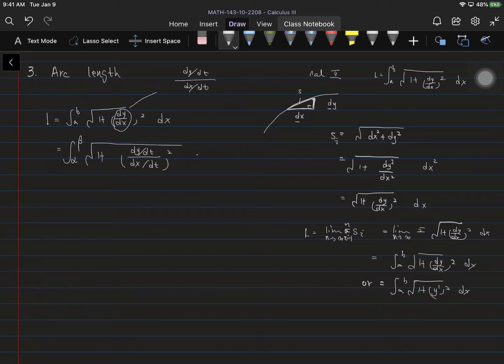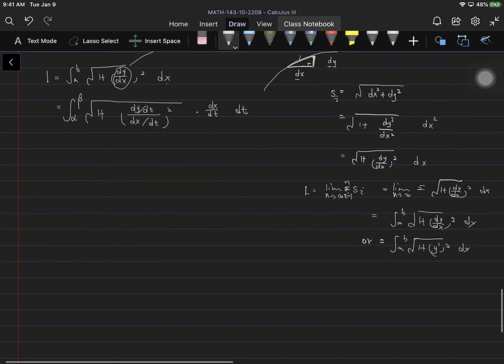And what is dx? dx, just take the derivative of x, which is dx over dt times dt. Okay. Now we put this into the square root. So from alpha to beta. When we put it into the square root, it becomes squared, right?